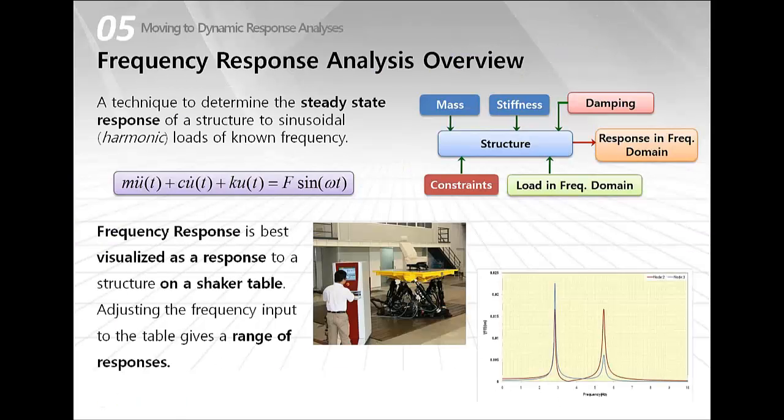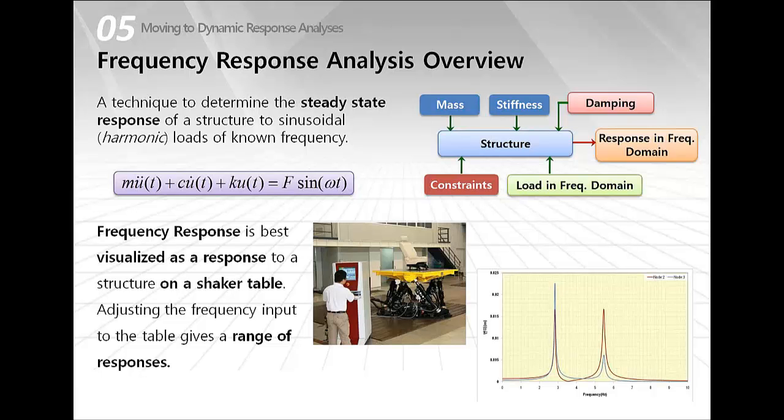And now let's talk about the frequency response. What is actually the frequency response? This is a technique to determine the steady state response of a structure to sinusoidal, or harmonic, loads of known frequency. You can imagine this as the response of a structure on a shaker table.